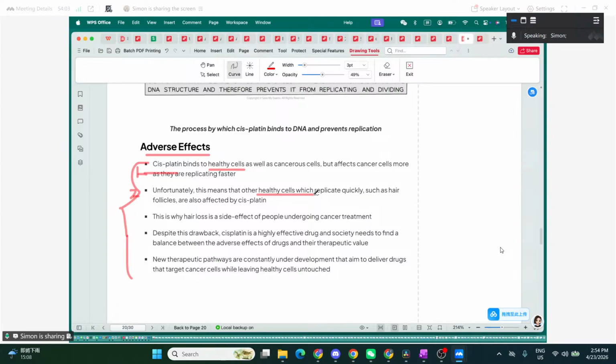The third one, there will be hair loss. And the fourth one, the drawback, is the balance between the adverse effects of the drug and its theoretical value.